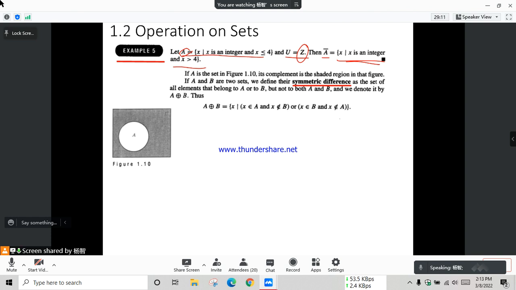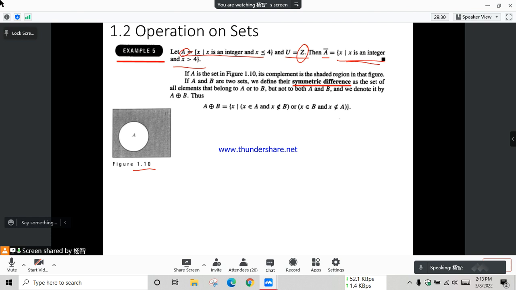Okay, look at the next paragraph. If A is a set in figure 1.10, its complement is the shaded region of that figure. We have taught this before.